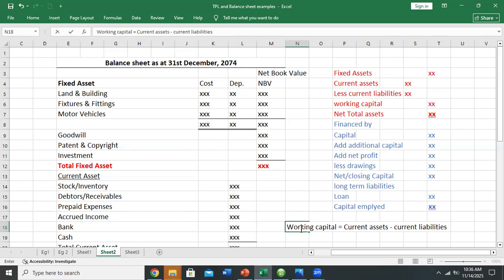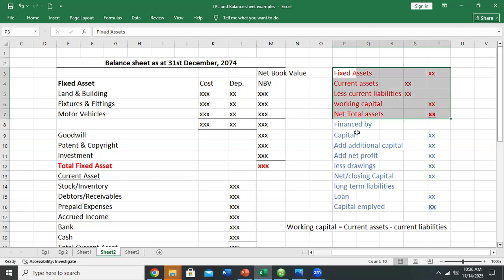Or even in theory, it can come. Briefly explain working capital. It's your total current asset minus your current liabilities. So in your balance sheet, you first put your fixed asset, then you go and look for this working capital and add it to the fixed asset. And that will give you your net total assets. And that is one section of the balance sheet.